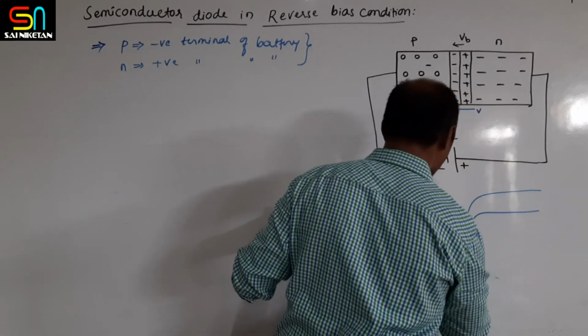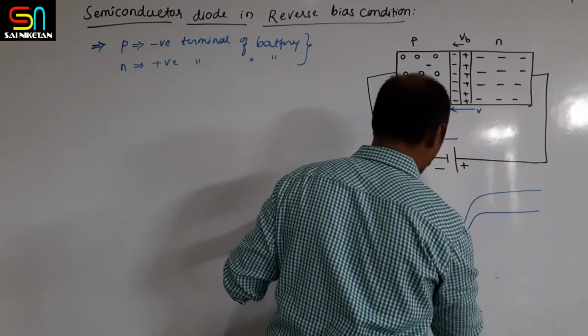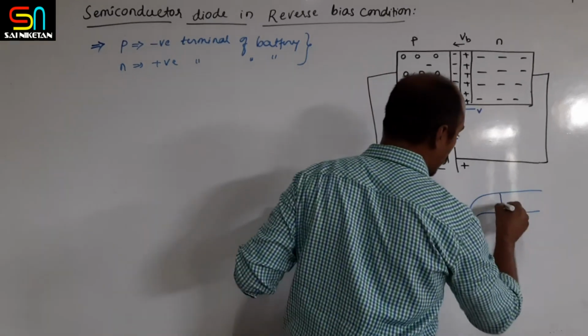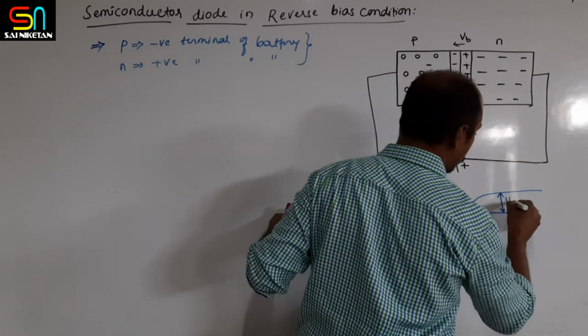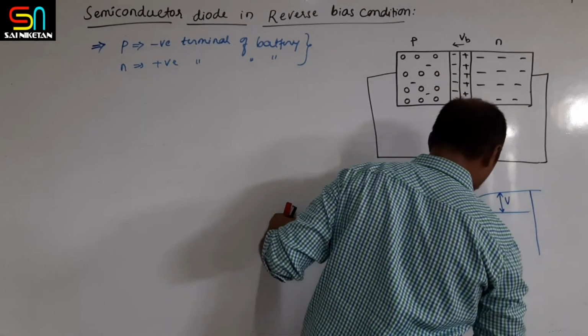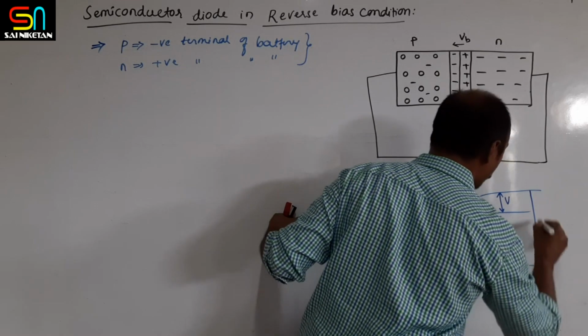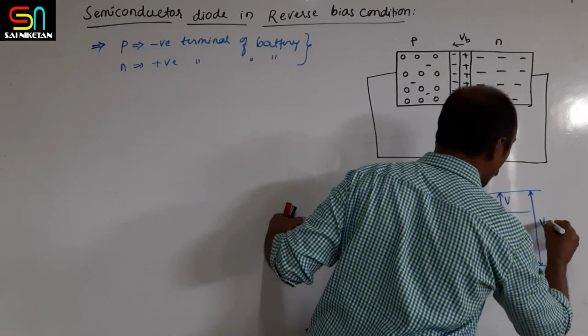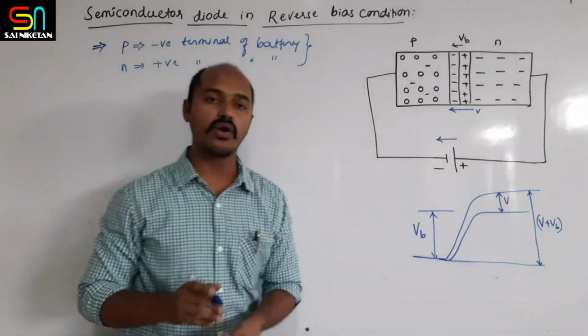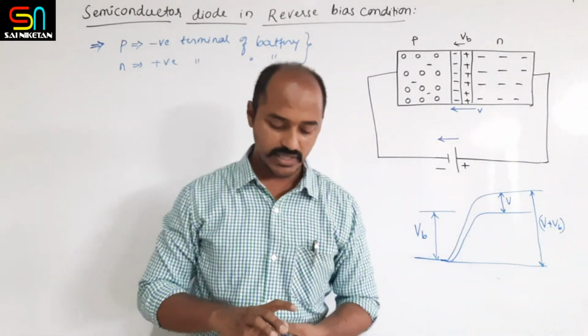If the barrier potential earlier is this much, and this is the applied potential, then the resultant barrier potential becomes V plus VB.